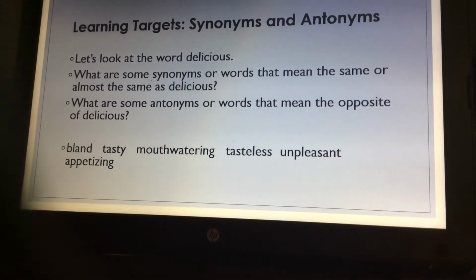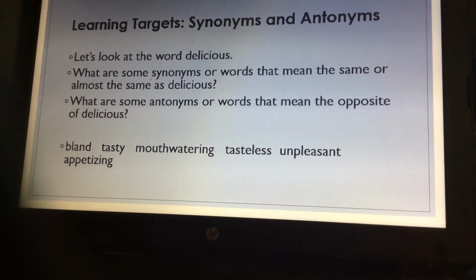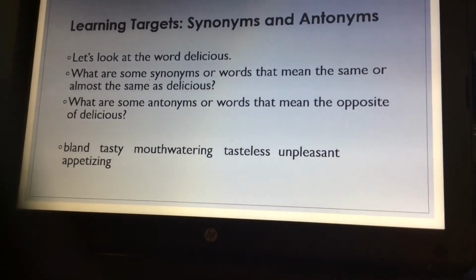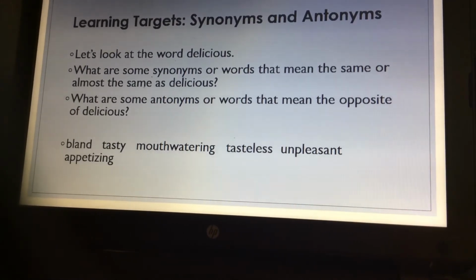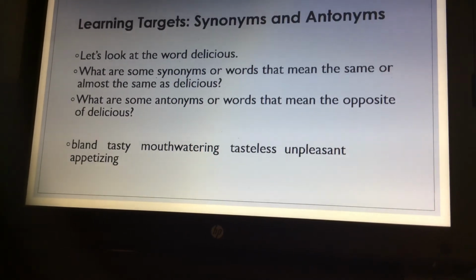Our words that are synonyms are the words that mean the same. They would be tasty, mouth-watering, and appetizing. Those that are antonyms would be bland, unpleasant, and tasteless.